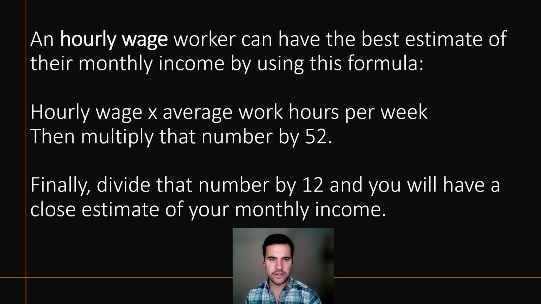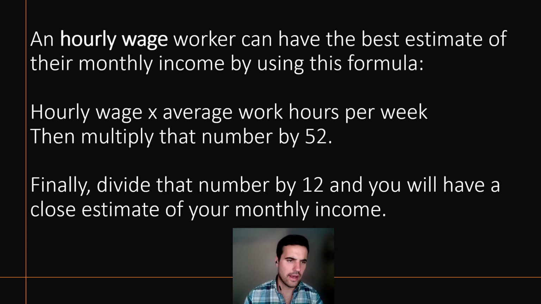If you are not salaried and you are an hourly wage worker, then you kind of have to estimate a little bit. But if you historically have been working the same hours at the same company at the same wage, then usually you can get a pretty close and accurate estimate for your monthly income by using this formula.